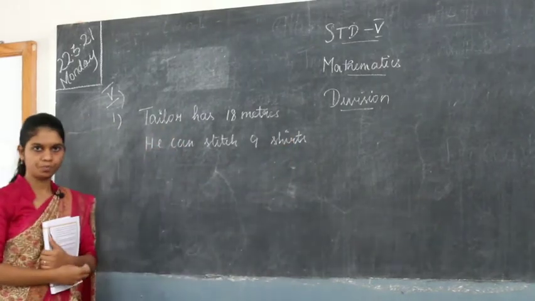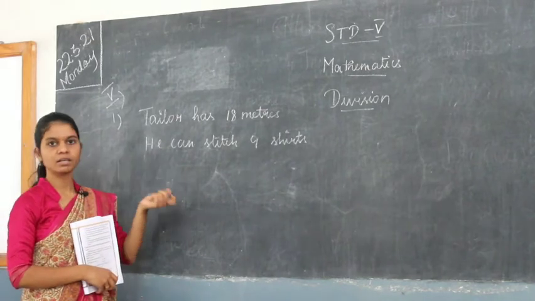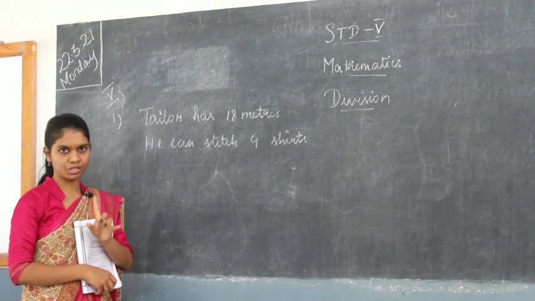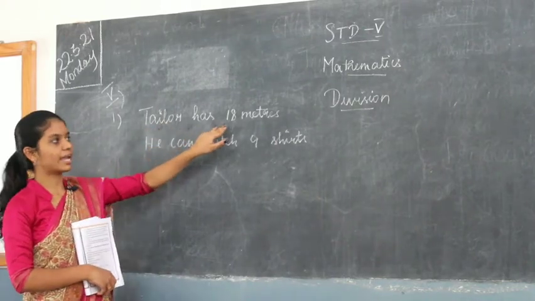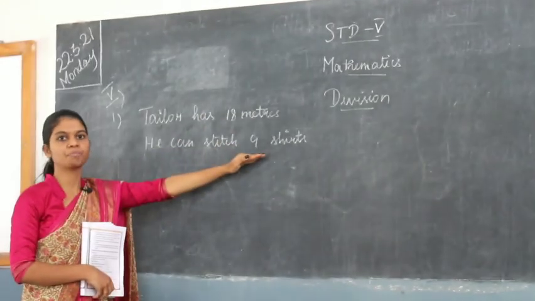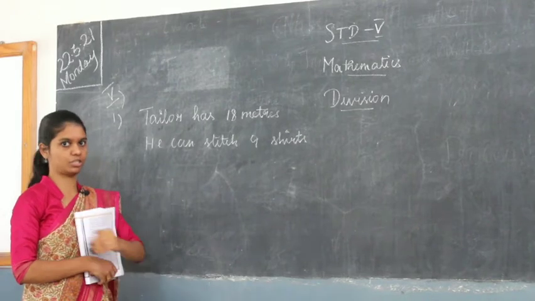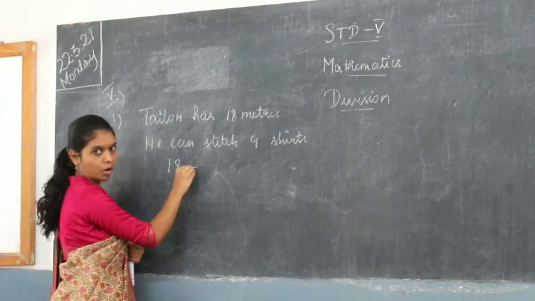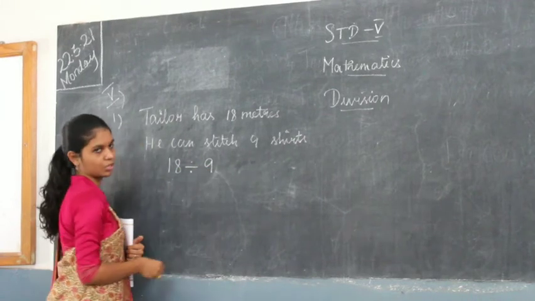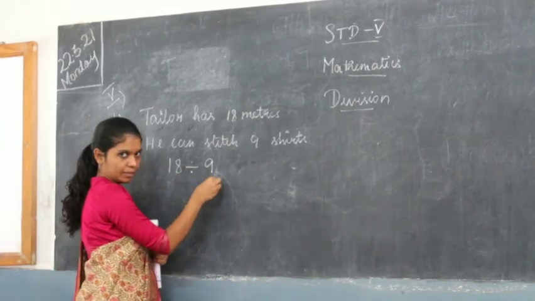You want to know how many meters 1 shirt will require. See, the tailor has 18 meters. This 18 meters is divided equally into 9 shirts, right? So 18 is divided among 9 shirts. So 18 divided by 9.